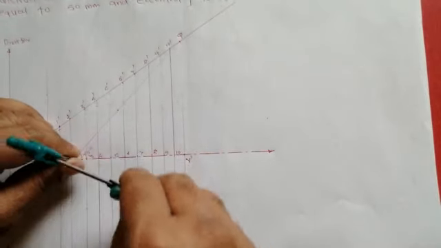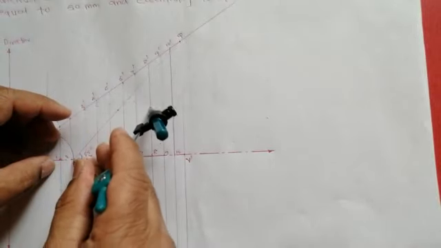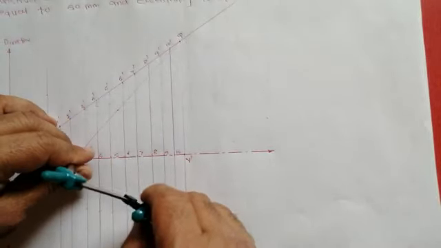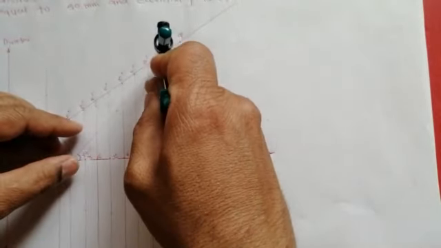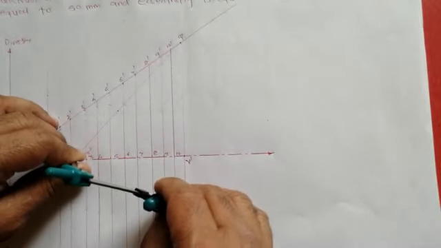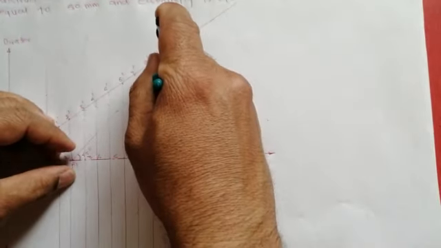Keep pointer on F1. Cut this line above and below the axis. 8 dash. Keep pointer on F1. Cut the line above and below the axis. 9 dash. Keep pointer again on F1. Cut the line above and below the axis. 10 dash.